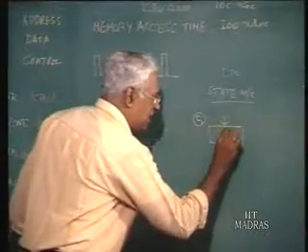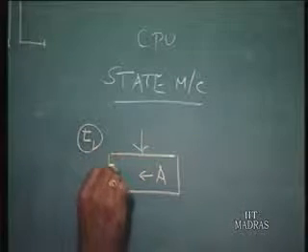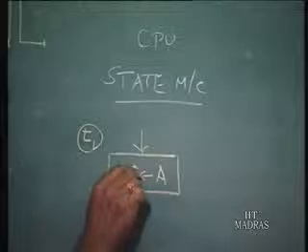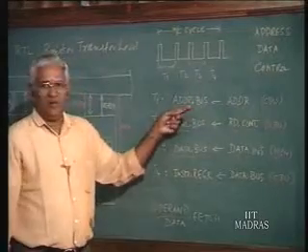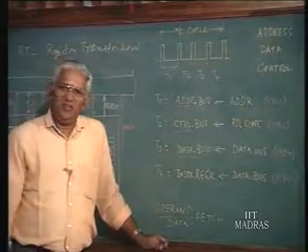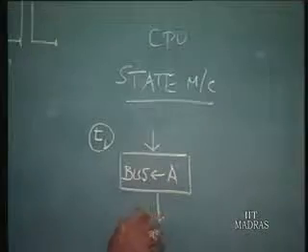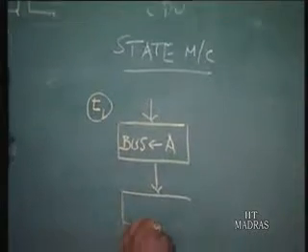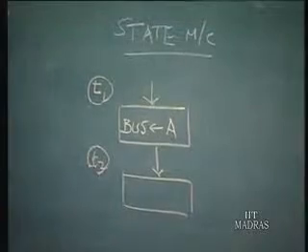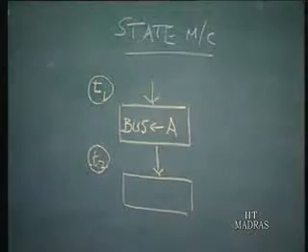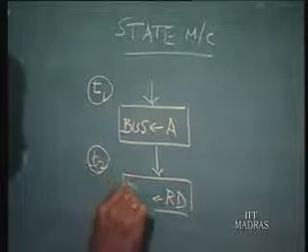So I will just say address is placed on the address part of the bus, I will just indicate that for want of space. That's what's taking place in T1. Fine. Next it goes to the next state, which we know is the state T2. I'll just name this next state as T2, in which case read control signal goes onto the bus.